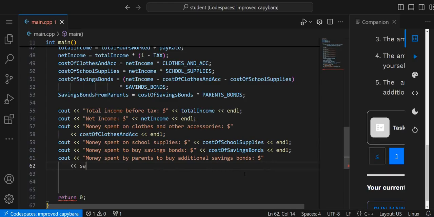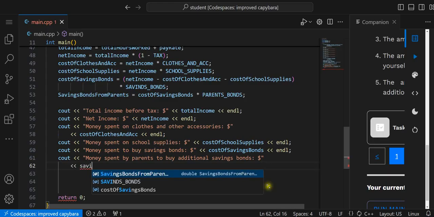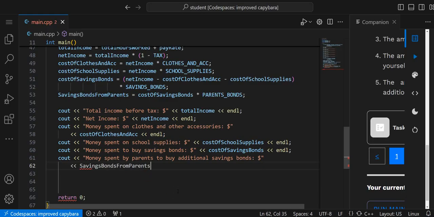Savings bonds for the parents. Alright, so let's bring you up.